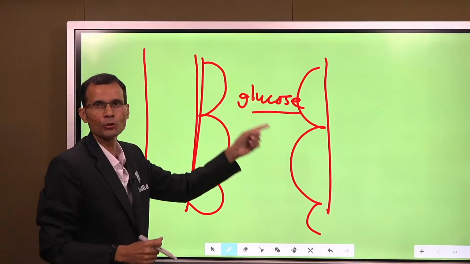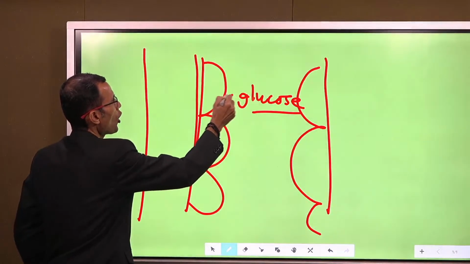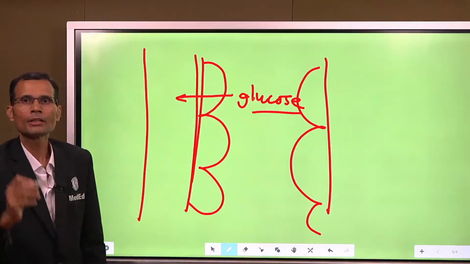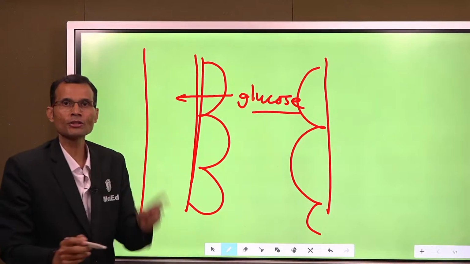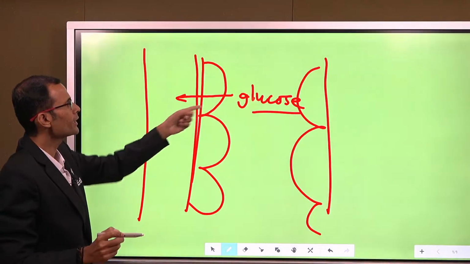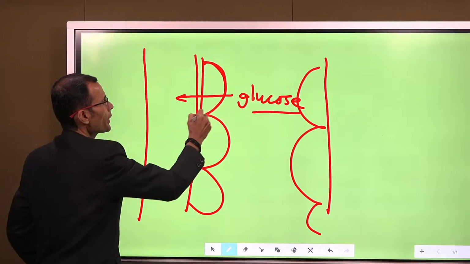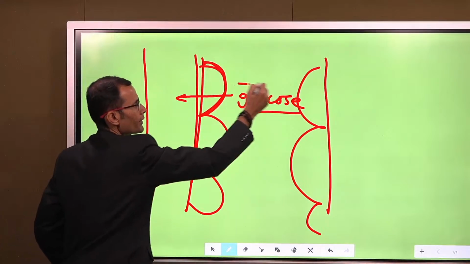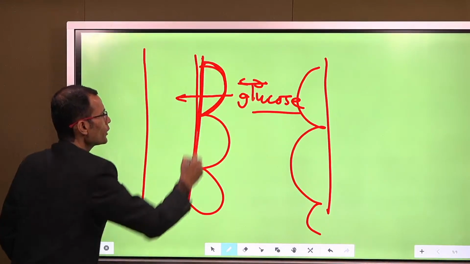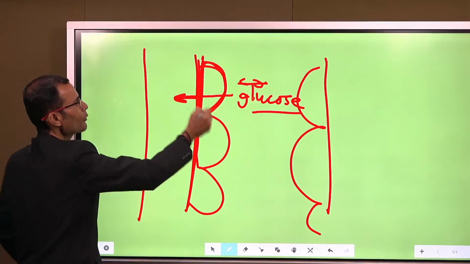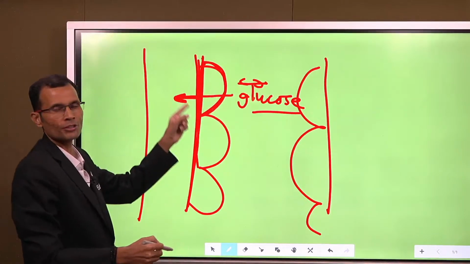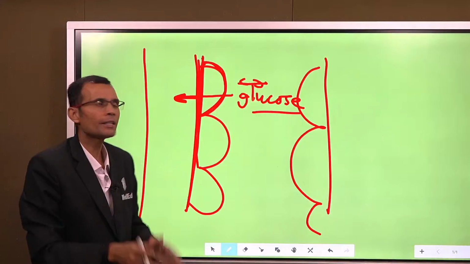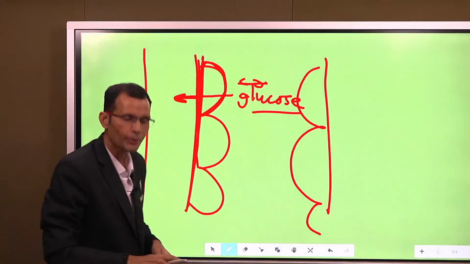It is in the digestive lumen and it has to be absorbed into the bloodstream. That means it has to cross two membranes, as you can see in the diagram: the apical membrane facing the lumen and the basolateral membrane facing the blood vessel. So glucose will have to cross these two membranes to finally enter the blood vessel.